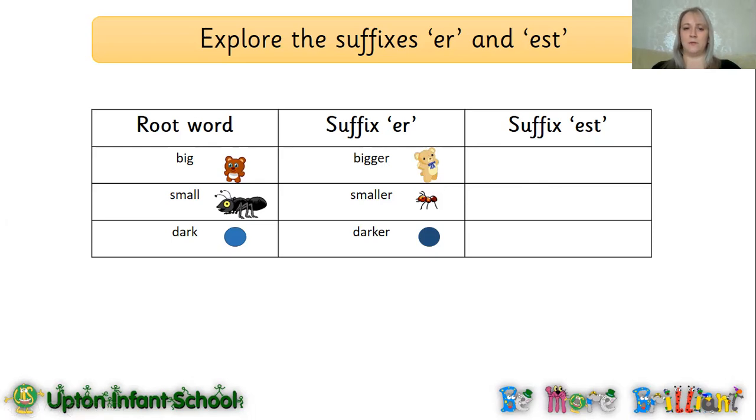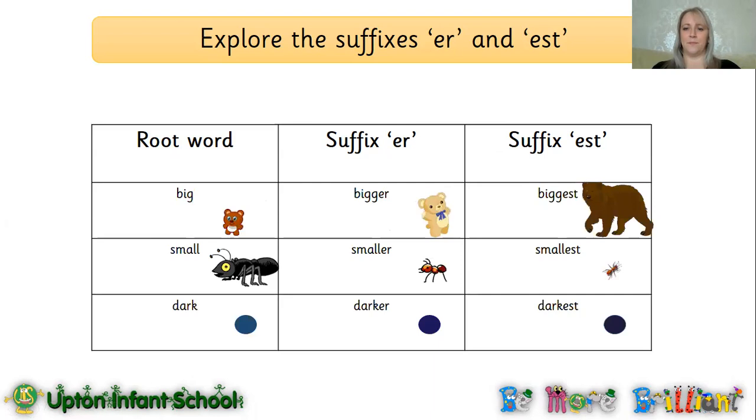So let's have a look and see what those words look like. There they go. You can see, again, I have taken off the suffix, I've gone back to my root word, and this time I've added est, and I've changed the meaning of the word. So now I have my biggest bear, my smallest ant, and my darkest shade of blue.